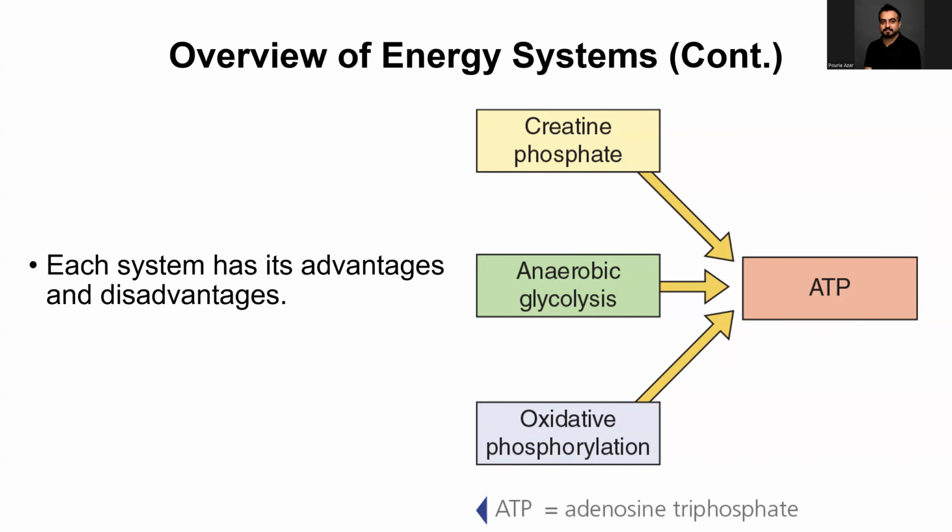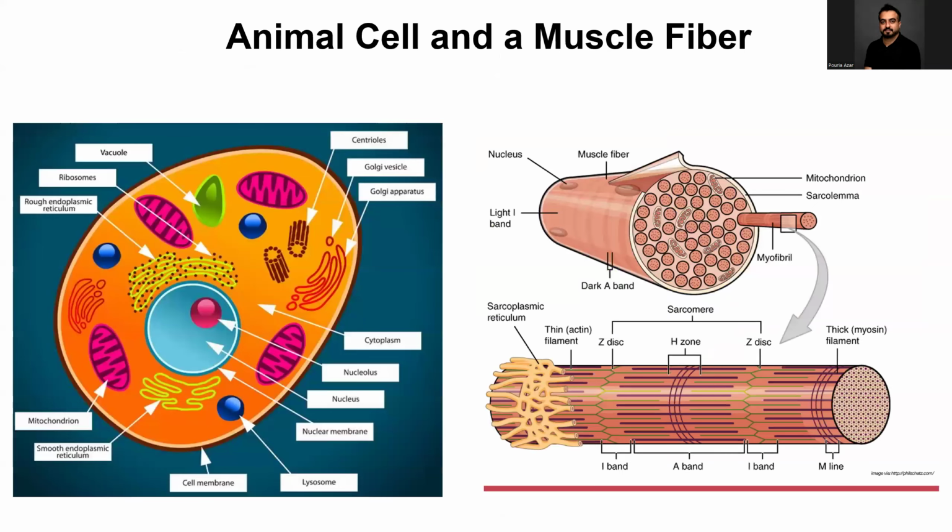Before talking about these energy systems, first let's talk about a cell. So we have two different types of cells on this slide. On the left hand, we have a normal animal cell. And as you can see, we have different sections and parts inside the cell.